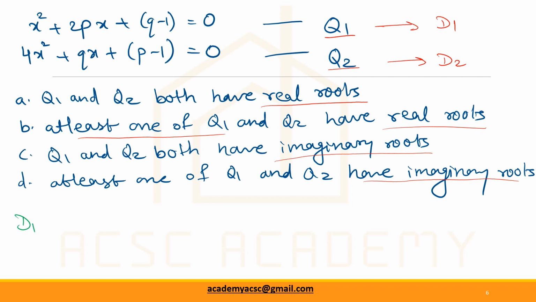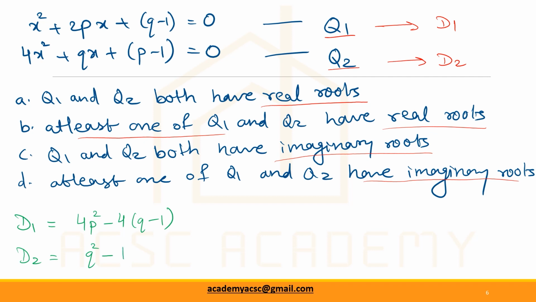So here what will d1 become? It will be b squared minus 4ac, which is 4p squared minus 4q minus 1. Similarly, d2 will become b squared, that is q squared, minus 4ac.